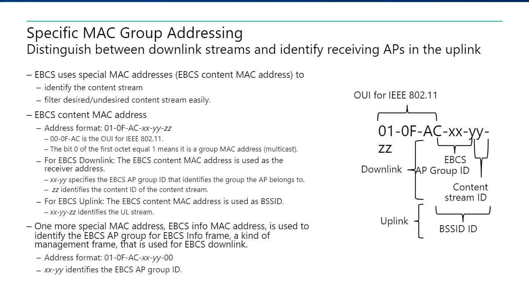For the uplink case that we will look at later on, the entire six octets are used to indicate the basic service set ID addressed in order to forward information in the uplink direction.